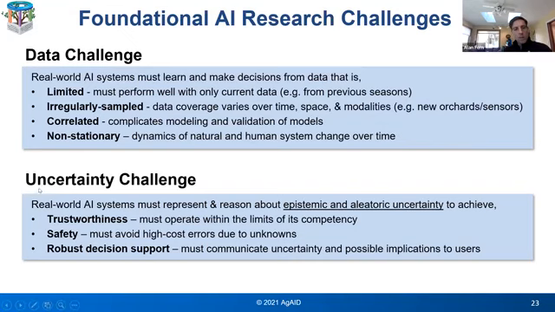Uncertainty. Well, this is one of the big challenges for AI in general, being able to reliably quantify the uncertainty of predictions and models and decisions that we're making. And let's just say that you want uncertainty estimation for trustworthiness, safety, and decision support.